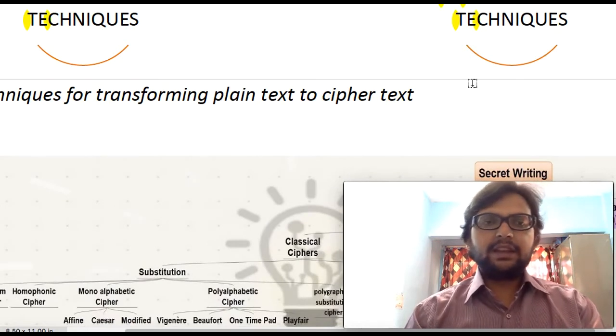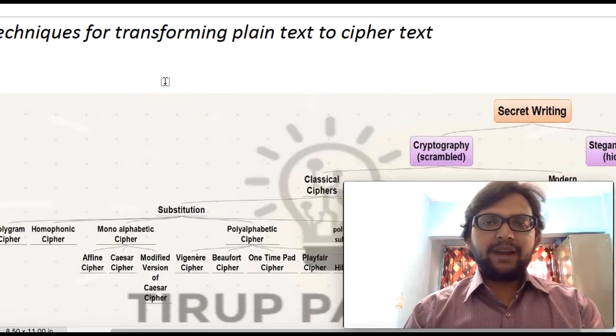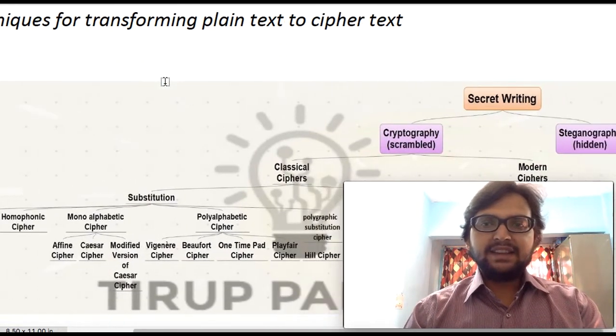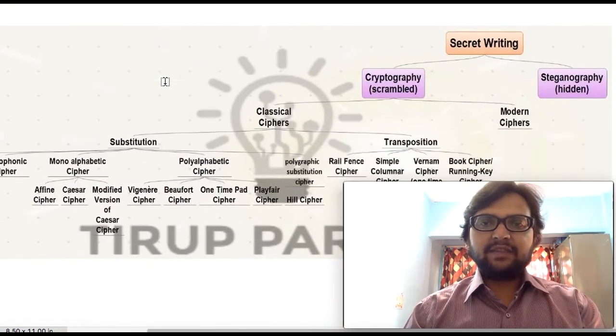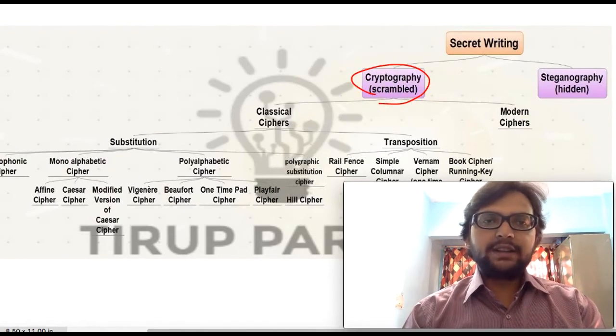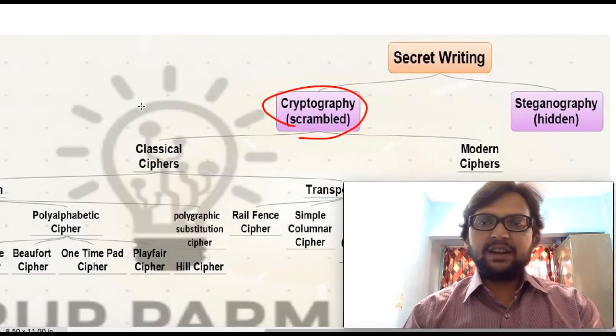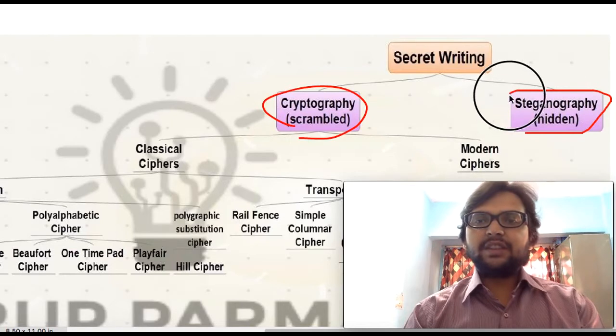And here I have provided one diagram or mind map. As you can see, we have secret writing and different techniques, that is cryptography. We already discussed this. Then we have different types of algorithms under this. We have steganography, which means hiding information within some photograph.